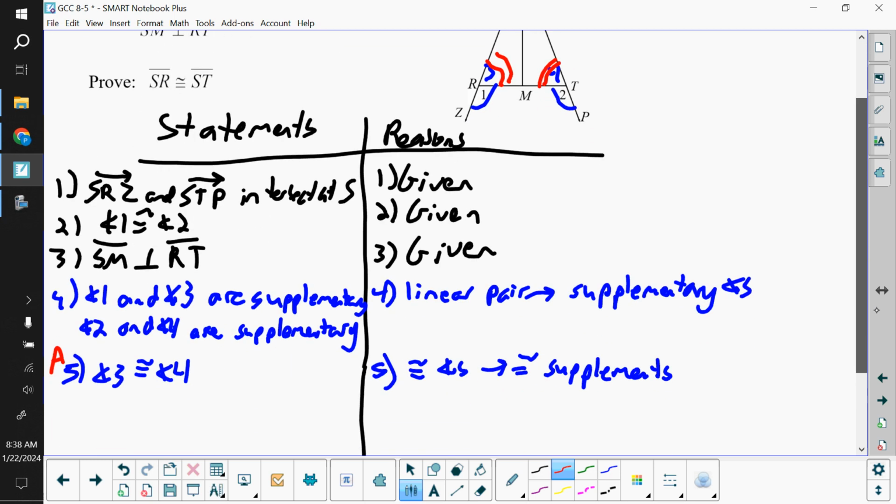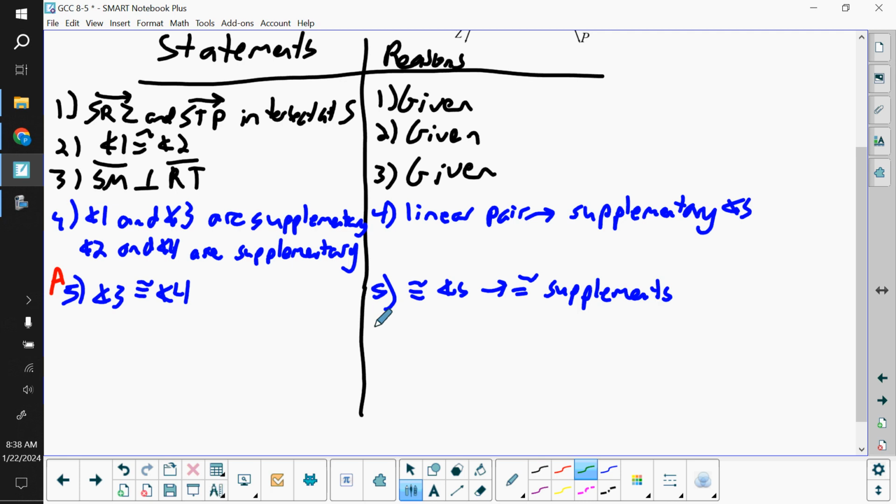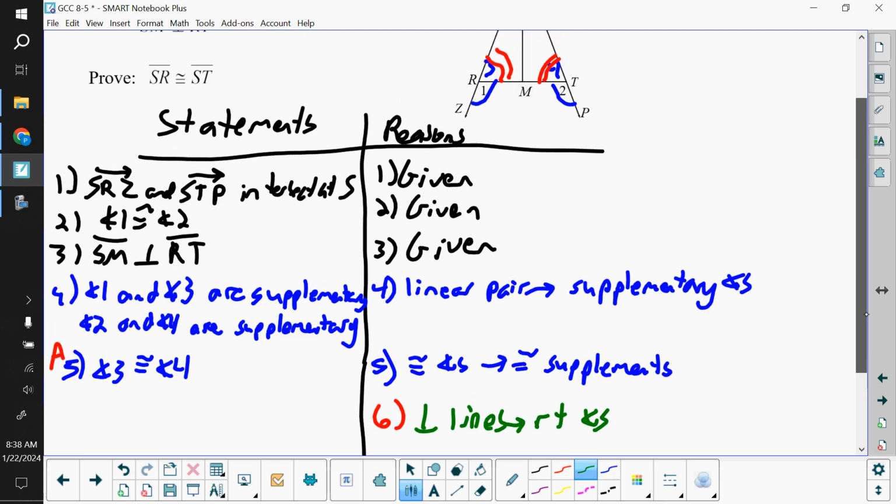Well, next we've got some perpendicular lines, so we'll go with that sequence. Perpendicular lines implies right angles. SM and RT are meeting at M. So I'm going to call those angles 5 and 6 so it's easier to name. So we have angle 5 and angle 6 are right.